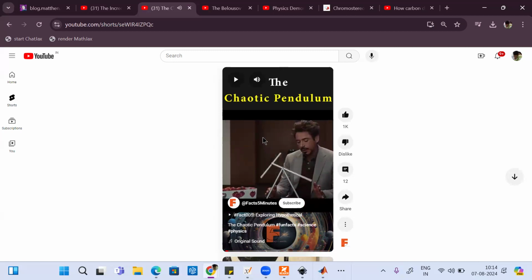So you can now appreciate that this is indeed a double pendulum, isn't it? There is one bar and another bar connected to it.